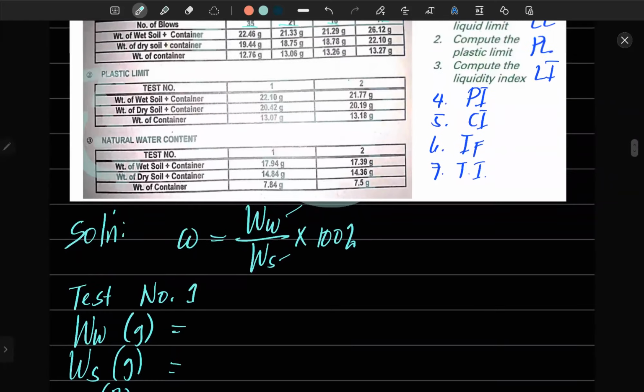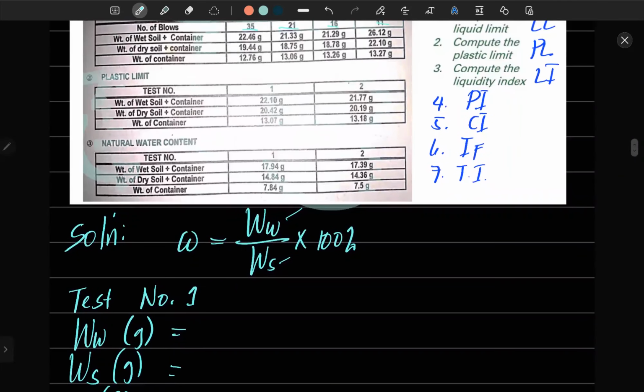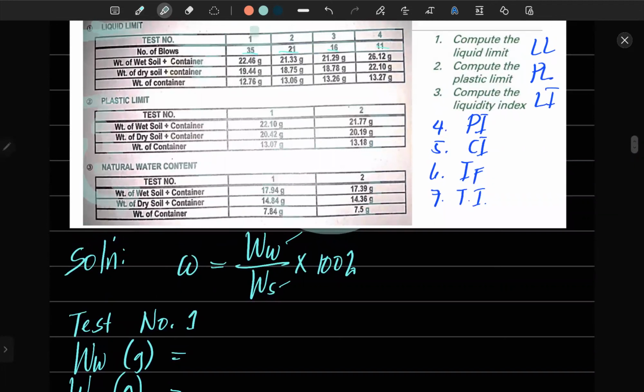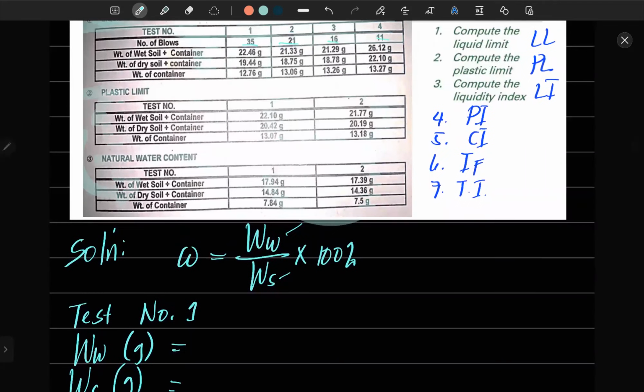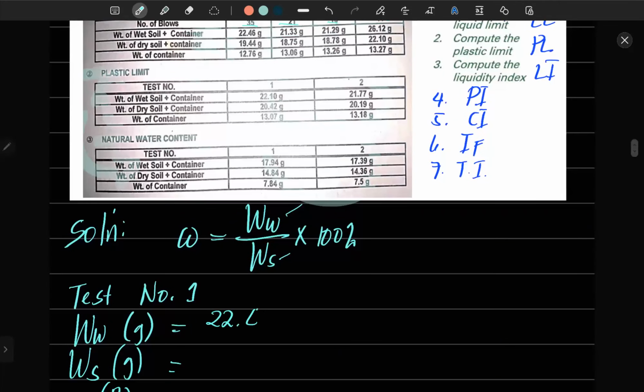From the table, for test one, we have 22.46 minus the weight of the dry soil plus container, that is 19.44. This is equal to 3.02. Then the weight of the dry soil is 19.44 minus the weight of the container, that is 12.76.